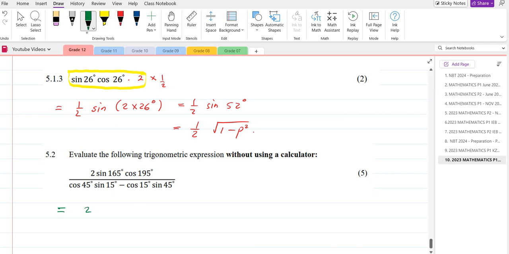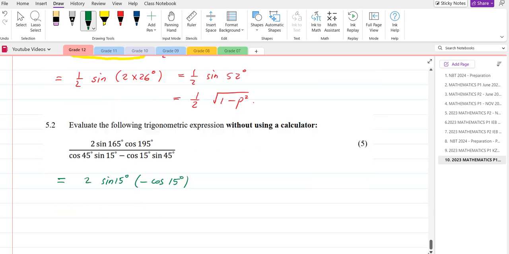Sine of 165 is in the second quadrant, so that is sine 15. Cos 195 is in the third quadrant, so negative cos 15. How are we getting that? Because that's 180 plus 15. Divided by, so you can see on the numerator we've got 2 sine 15 cos 15, which is a sine double angle. In the denominator we've got cos and sine terms.